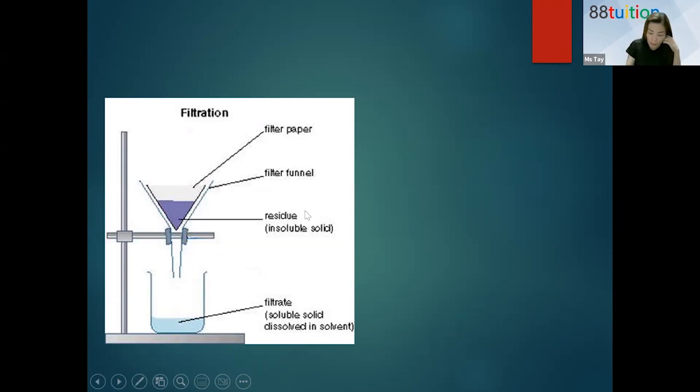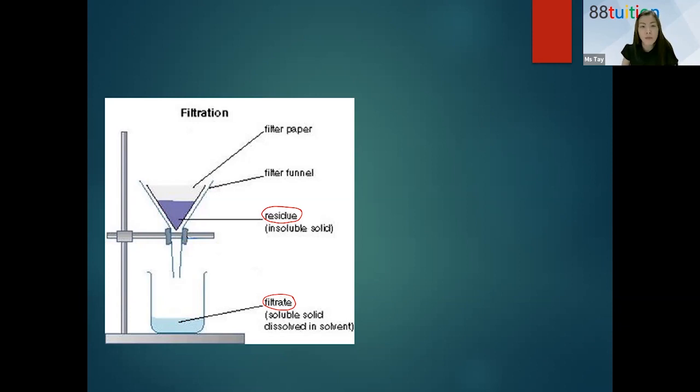Important word. I think I already highlighted it before, but take note here. For filtration, you need to know how to label these words. Residue is the one trapped in the filter paper, and then you have the filtrate, the liquid that passes through the filter paper. How to remember filtrate? It came from the word filtration. Later on, you'll see distillation, so the liquid that comes out is called the distillate.